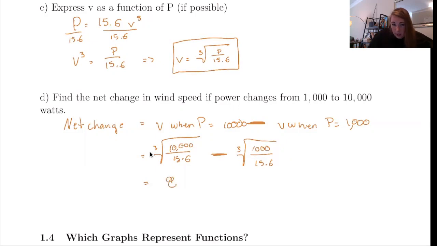So we would get 8.62 after plugging into our calculator, and about 4. Alrighty, so then we can see that that's going to be 4.62. And then what is the unit on V?